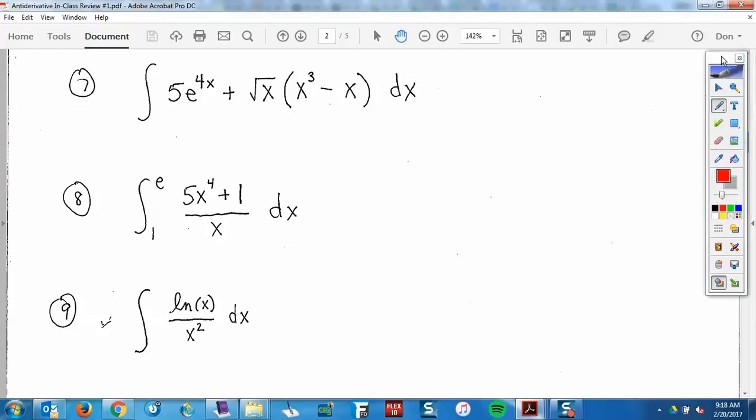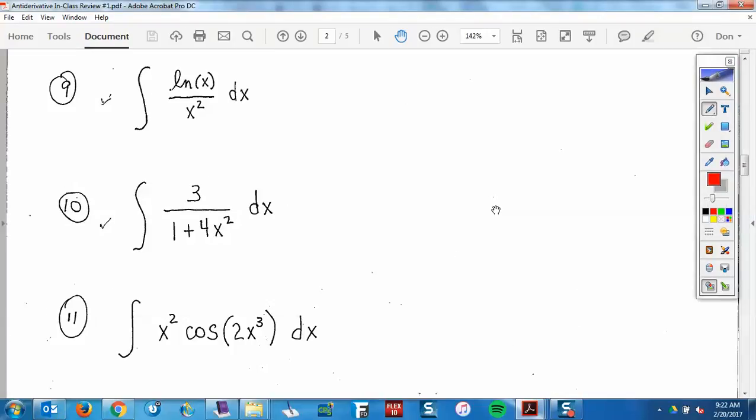We'll finish these up. Here's 2 more to copy down, number 10, number 11.